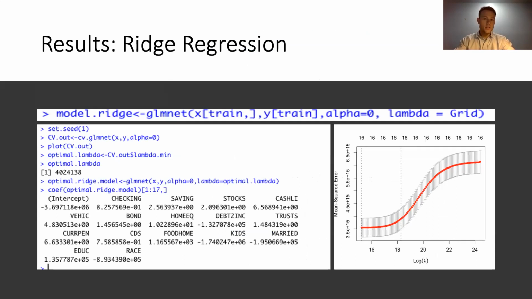How we do this is we split into test data and training data, and then we use cross-validation to determine the value of lambda that minimizes our error. I get the lambda value first here, which I just called optimal lambda, from our data set. And it's quite high, which is expected because our number of observations is very high.